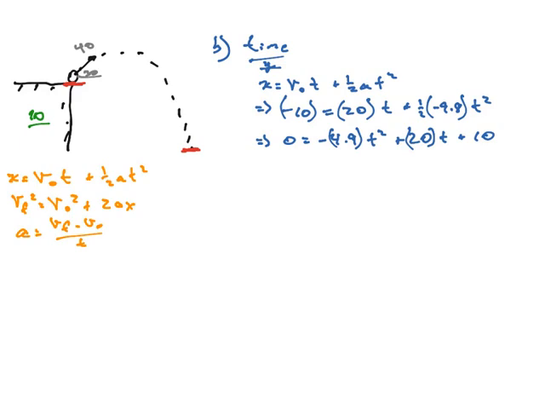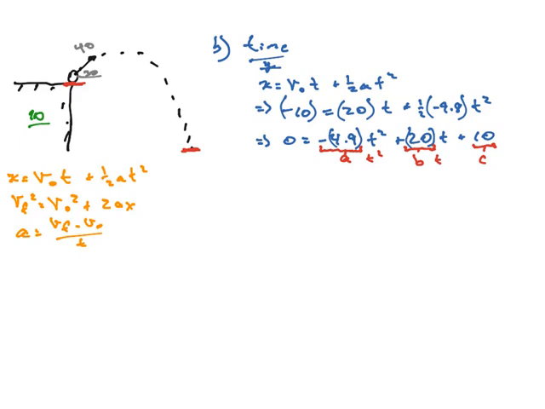How do I know that? Well, we have a t squared plus b times t plus c. So a is this whole number, negative 4.9. B is 20. And c is 10.